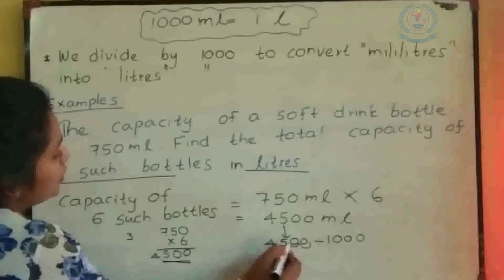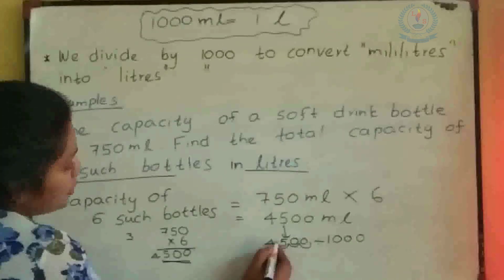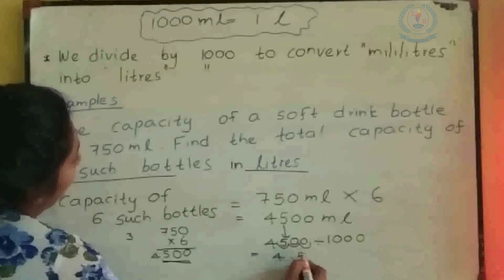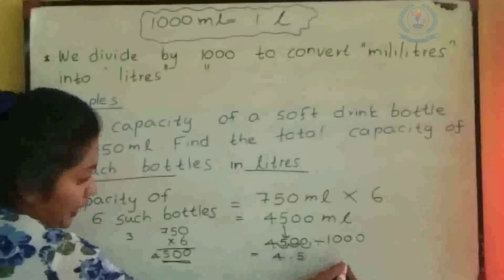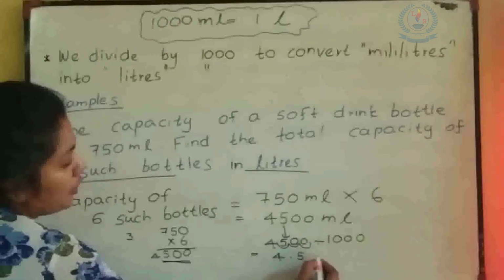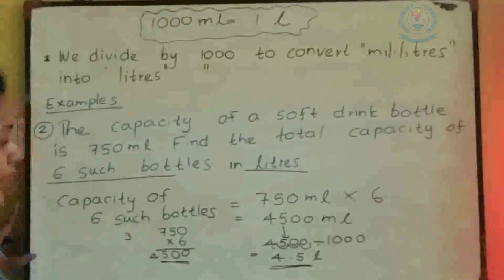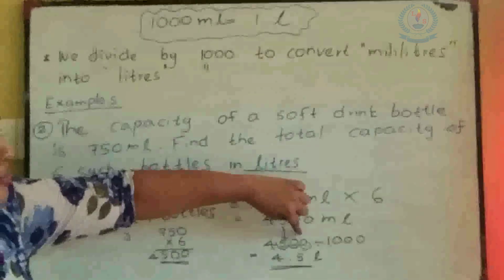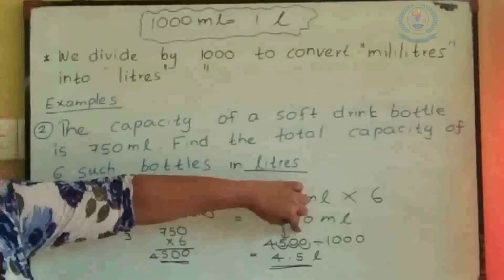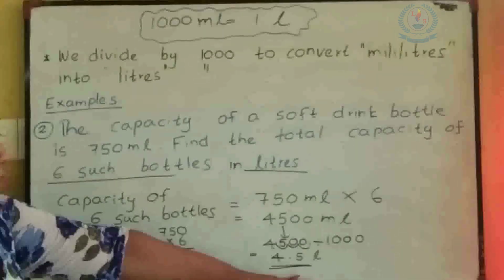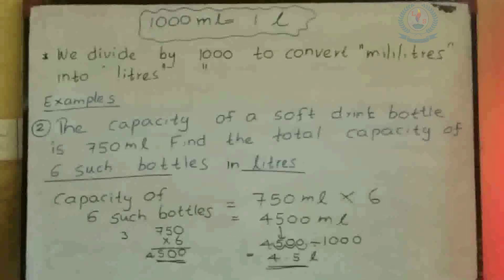Then 1, 2, 3. Now it comes to here. Then the final answer is 4.500 liters. Without those two zeros also, the answer is correct. We can write the answer without those last two zeros as well. That means the final answer is 4.5 liters.